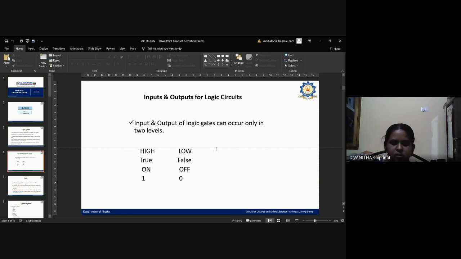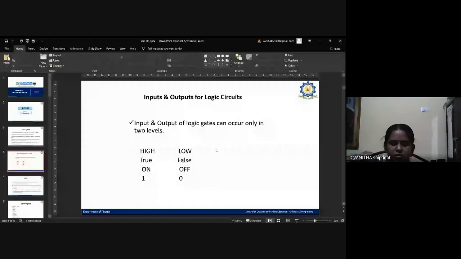One is high or low, next is true or false, next is on or off. High and on and one have the same meaning, and also low and off and zero have the same meaning.